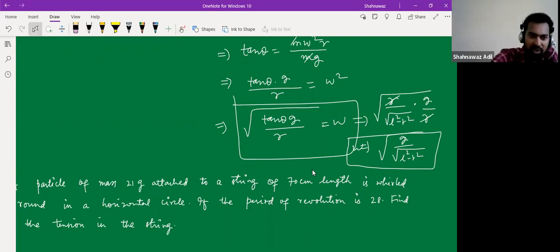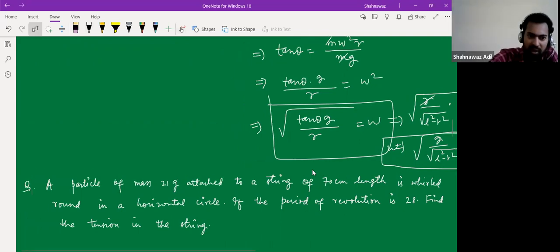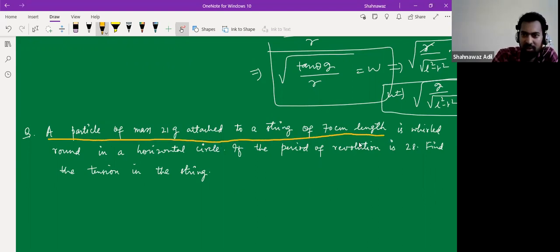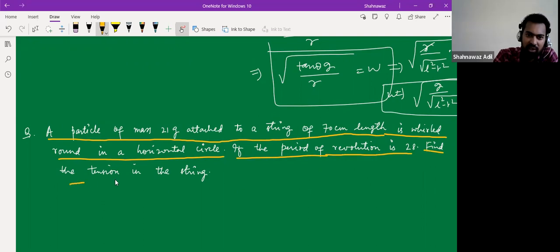Now, in the same question, they are asking about what? So this is the same question like before, right? And here, a particle of mass 21 gram, attached to a string of 73 centimeter length, is whirled round in a horizontal circle, right? And if the period of revolution is 2 seconds, find the tension in the string, right?